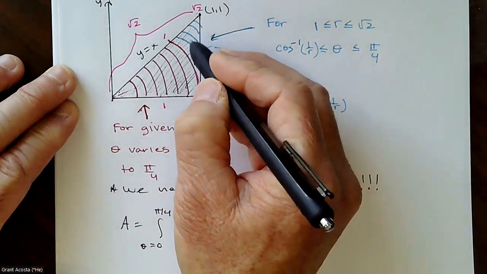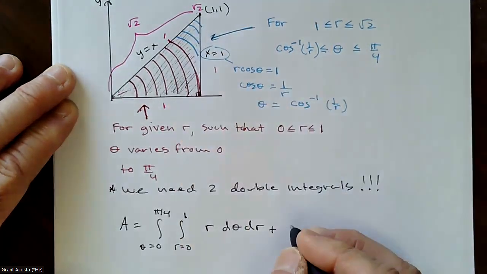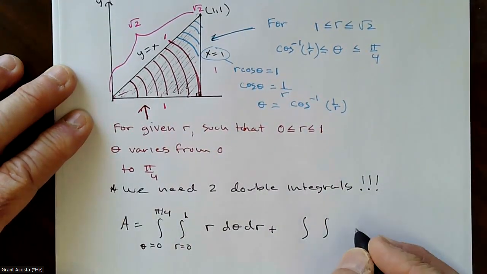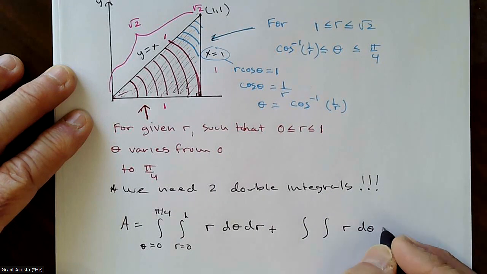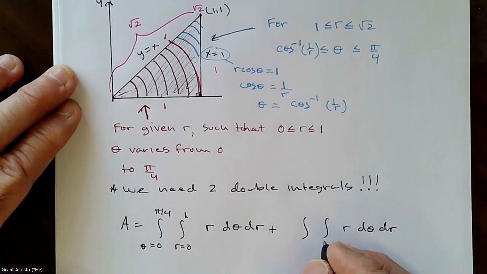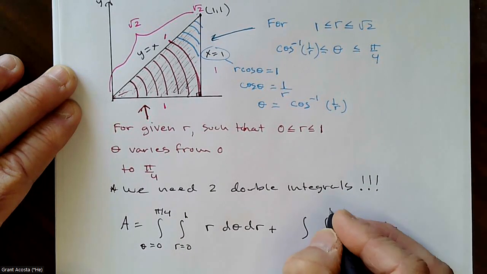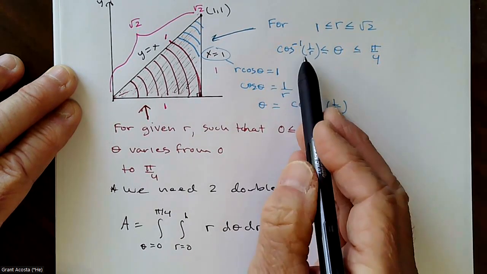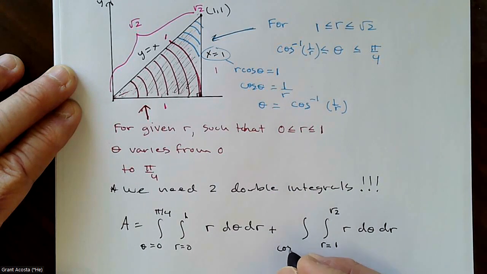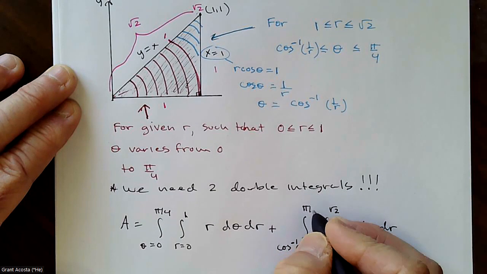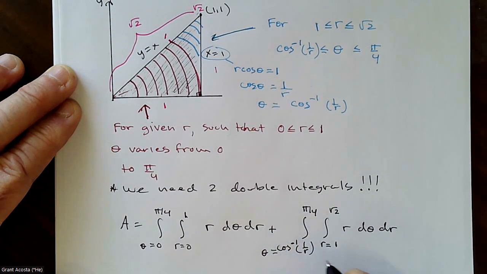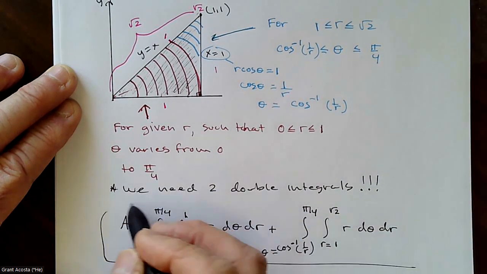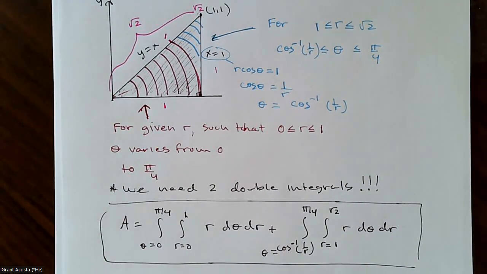But for this upper part, a little less than half, r d theta dr, as long as r is between 1 and square root of 2, theta is going to vary between the inverse cosine of 1 over r and pi over 4. So both of those integrals together describe that right triangle.